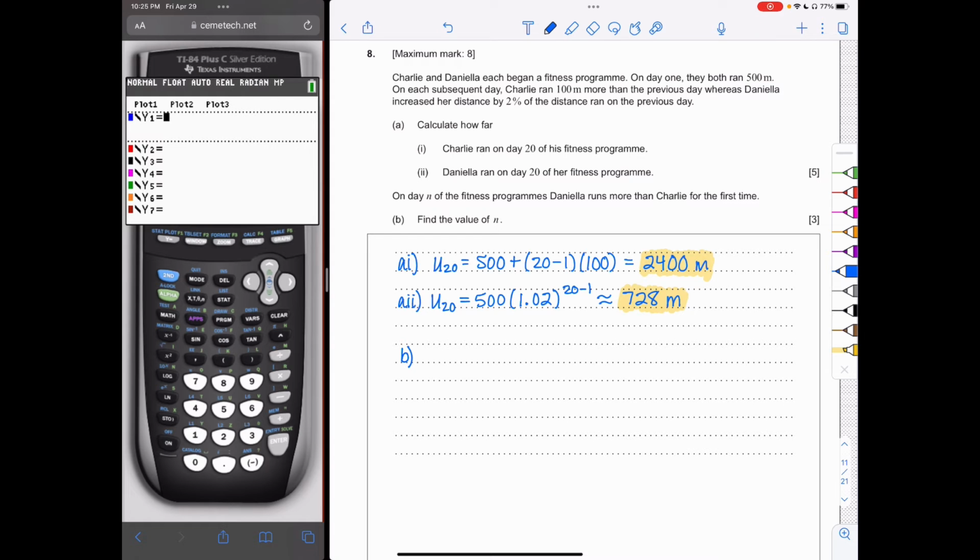For my arithmetic sequence, for Charlie, I'm going to put 500 plus x minus 1, because remember we want to find n, times 100. And then for Y2, we're going to put 500 times 1.02 to the power of x minus 1 there. And then we're going to look at the graph.